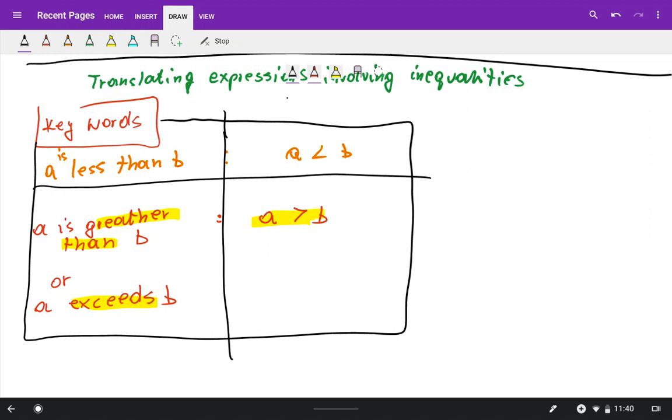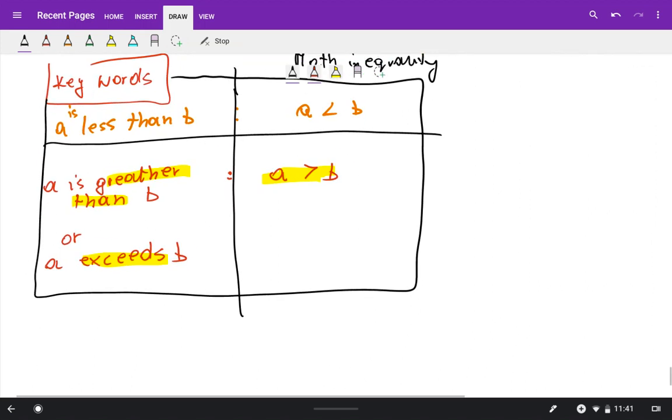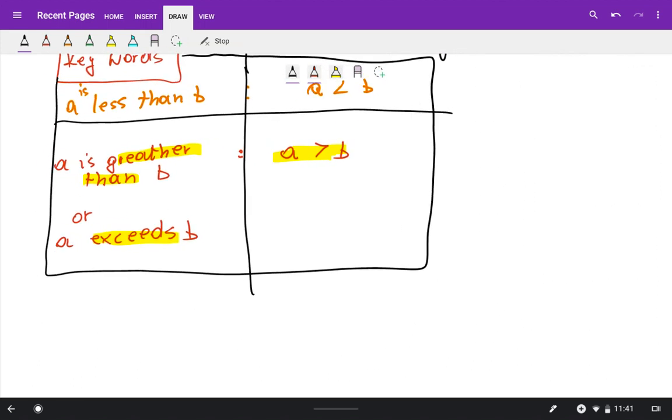Here you're going to have the math inequality on the right side of the table, and on the left side, you have keywords.